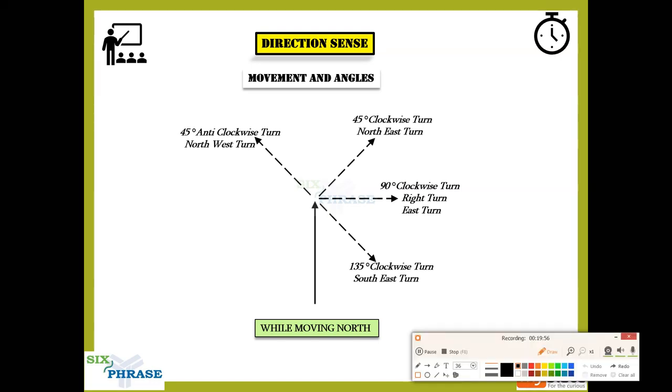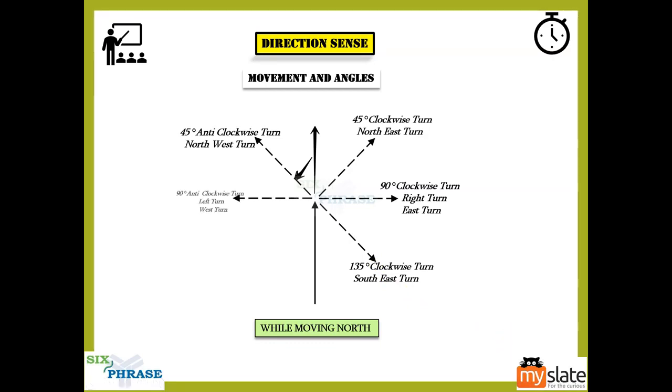It came about because the angle between this line and this turn, had this line been straight, it would have been like this, right? So now the turn here is 45 degrees, and this is in the anti-clockwise direction, against the clockwise direction. So we call this a 45 degrees anti-clockwise turn, or you could also call this a northwest turn.